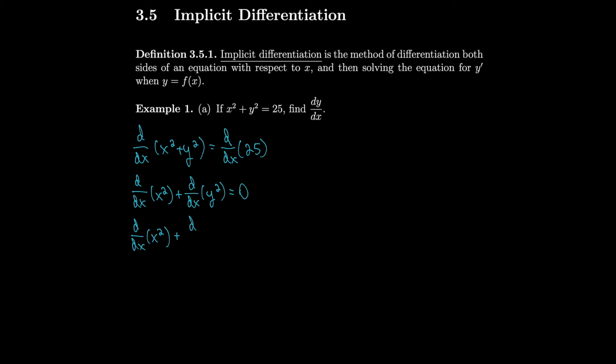Now remember, we're going to treat this as its own variable. y is a function of x. It's kind of like when we had f of g of x. If you wanted to take the derivative, you would do f prime of g of x times g prime of x.